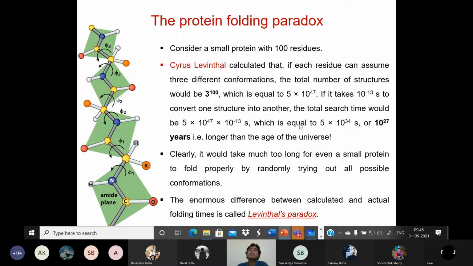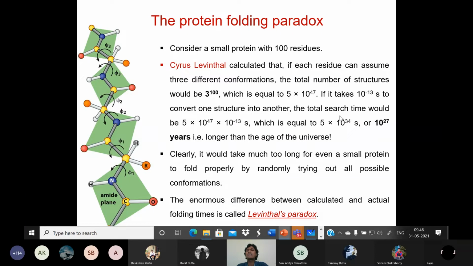So the thing is, what he actually calculated is that if you have a 100 residue long protein, each of those angles can take 3 different conformations, right? So as a result, 3 to the power 100 can be the total number, if at each position you can have 3 different conformations.